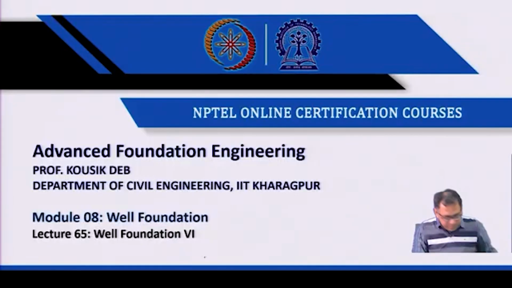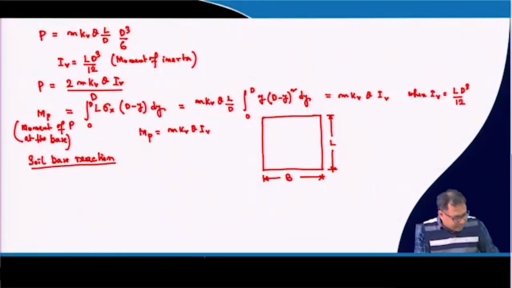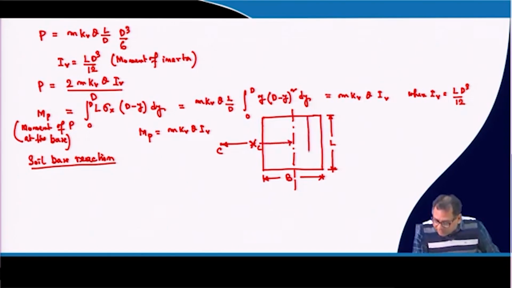This is the point of rotation, C, and C is at a distance of, say, capital X c from the center of the well, and we have considered one small segment in the well base whose distance is capital X from the center of the well.